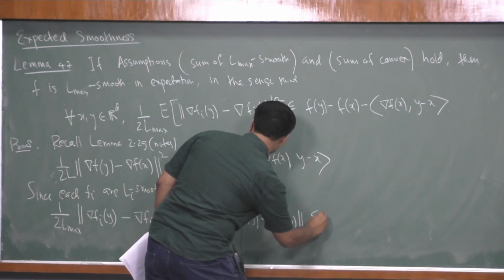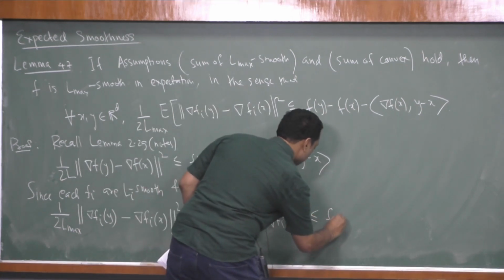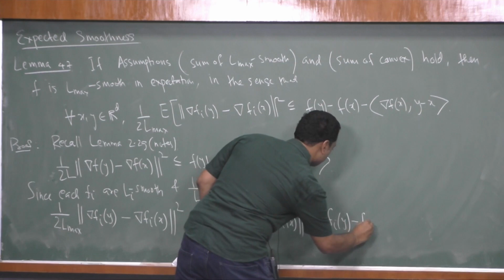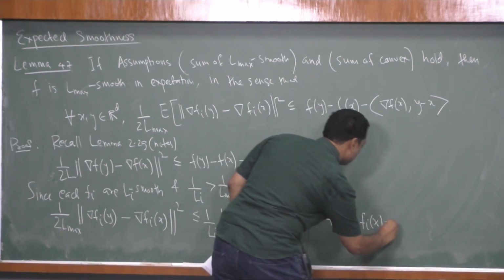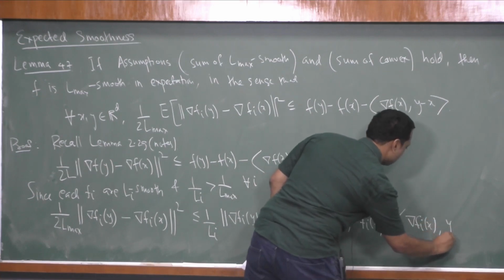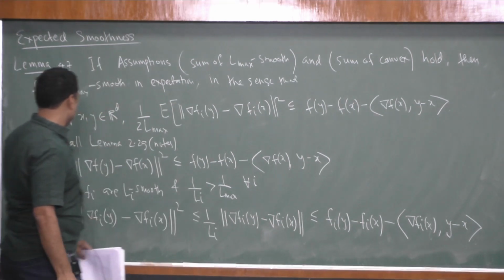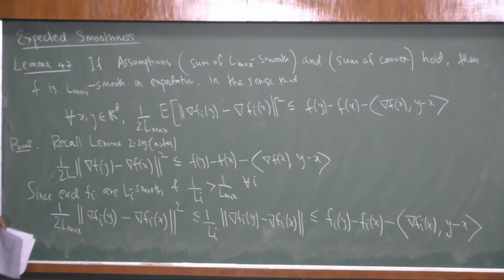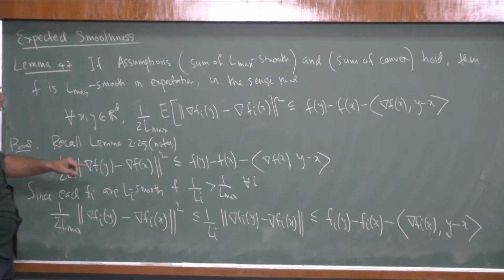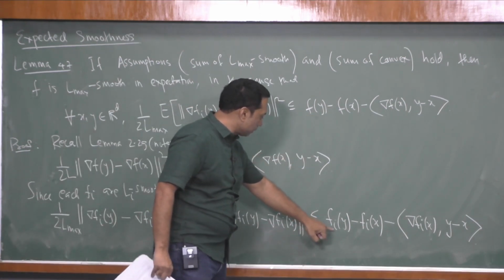This is less than equal to Fi y minus Fi x minus grad Fi x, y minus x. So we have this, and what we are now supposed to do is the sum, because these guys are in F, and what we have are the components.